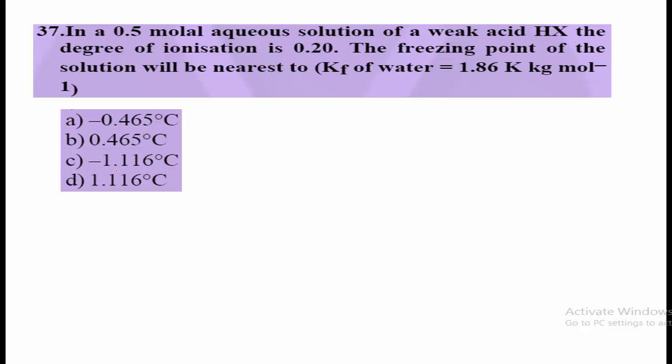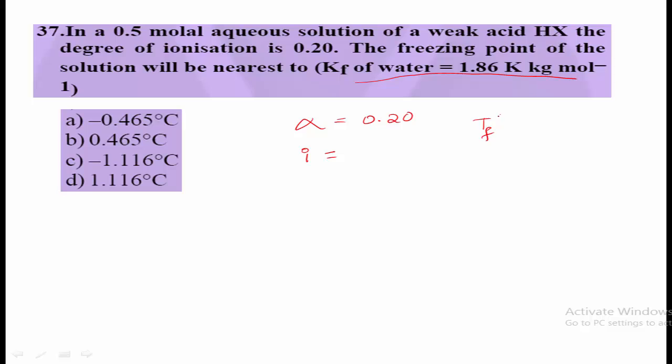37th, in a 0.5 molar aqueous solution of weak acid HX, the degree of ionization is 0.20. The freezing point of the solution will be nearest to, given that Kf of water is 1.86 Kelvin kg per mole. Now, as you know, alpha is nothing but the degree of dissociation, and its value is 0.20. Now find the Van't Hoff factor first, because they asked you to calculate the freezing point of the solution.